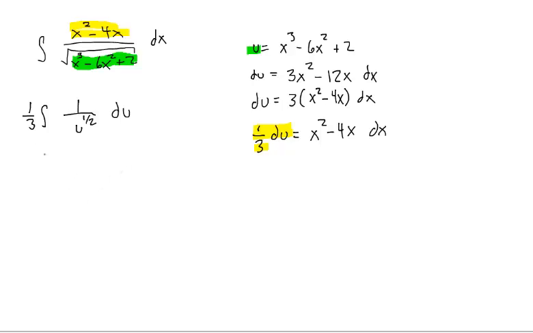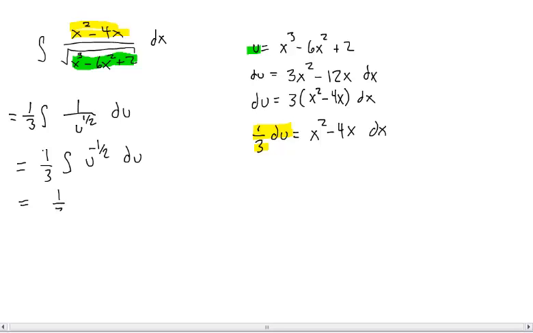And now I'm going to rewrite this so that we can use the power rule. So I have 1/3 the integral of u to the negative 1/2 du, and now I'm going to use my power rule. So I have 1/3 times u to the 1/2 divided by 1/2, plus our constant of integration.